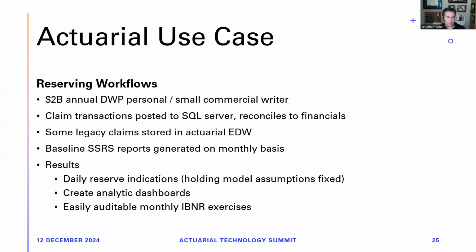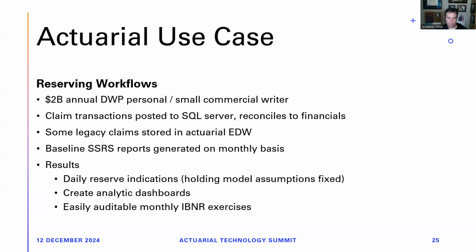At the end of the day, this cut down on time in a really significant way with our monthly processes. We were actually able to get to daily reserve indications, really important for management when looking at actual versus plan, and understanding the reserve movement month to month, especially if we get hit by a cat.